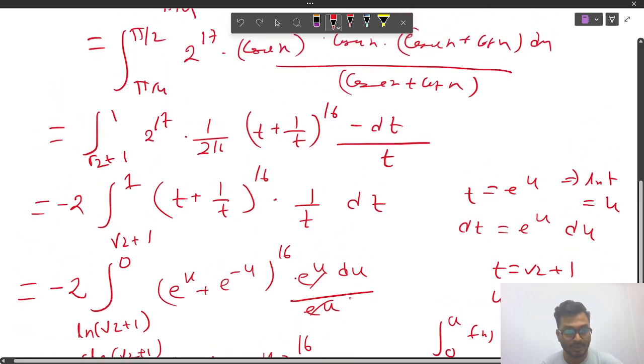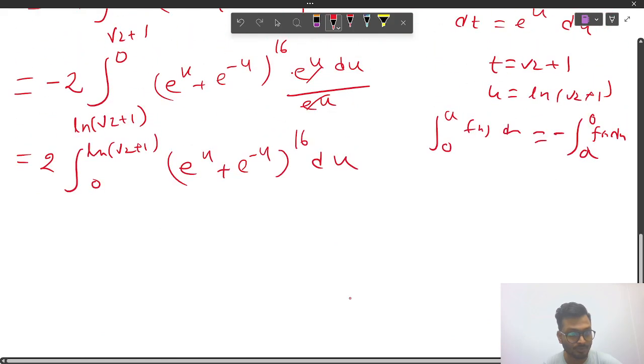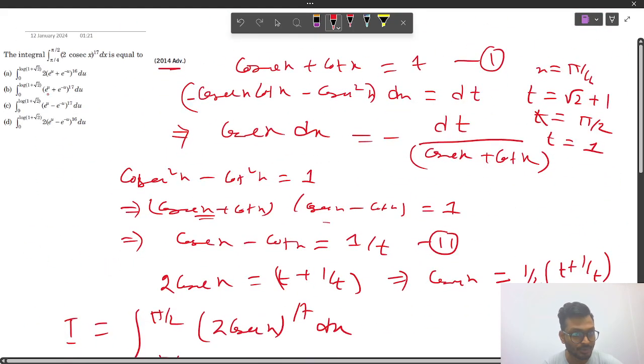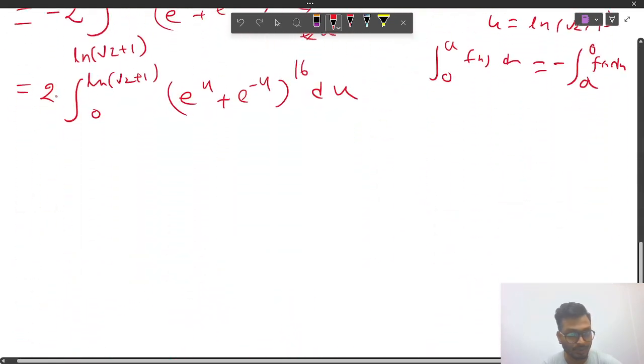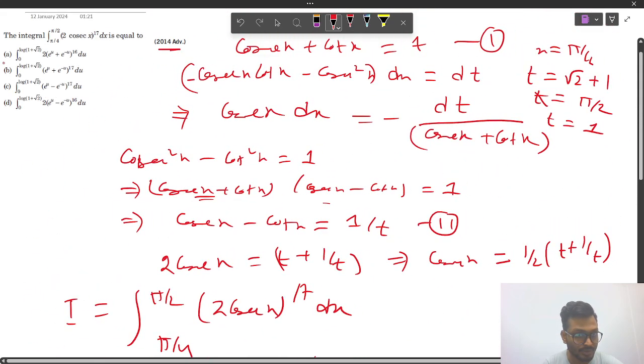So what will be the correct option? Let us check. The option with limits 0 to ln of 1 plus root 2 and 2 into (e power u plus e power minus u) to the power 16 is our correct option.